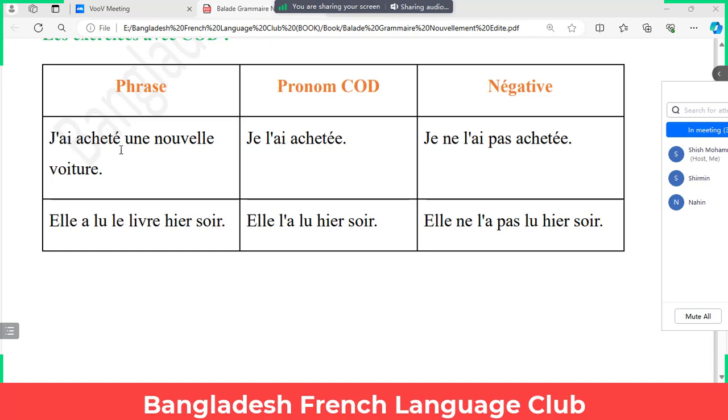In another sentence, I don't want to say again j'ai acheté une voiture. Instead, I would like to say that I bought it. So how can we replace une nouvelle voiture with it, and what would be the word, instead of using the same words again?